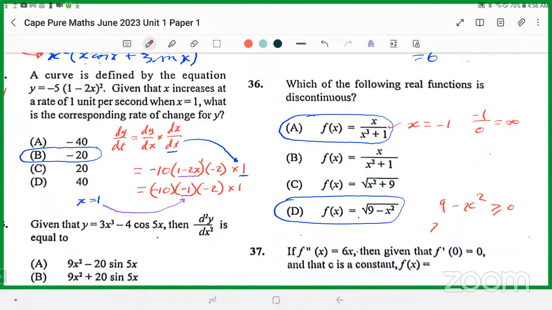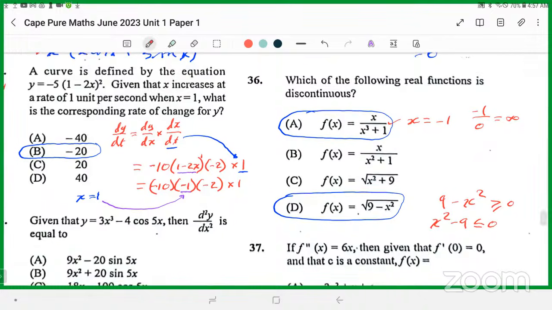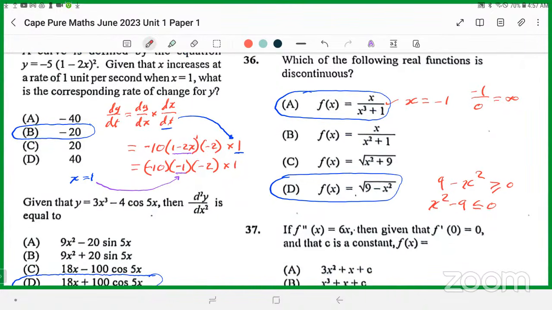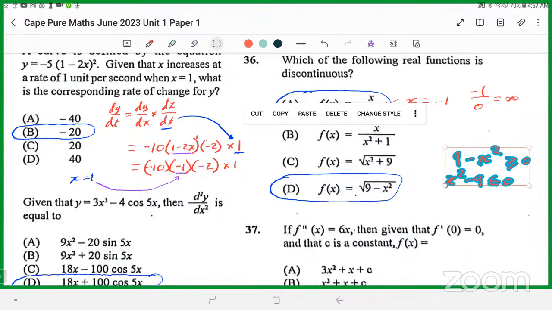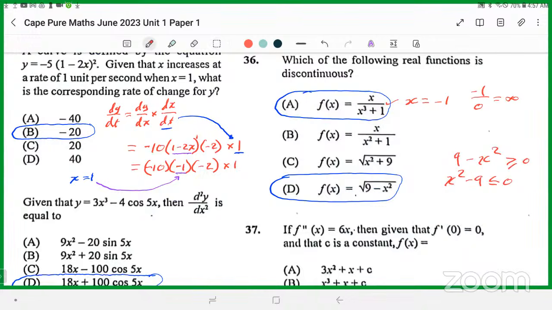Which means that x squared minus 9 has to be less than or equal to 0, so x has to be between -3 and 3 for the function to be continuous. Can't be outside of that. So this is continuous in this range.